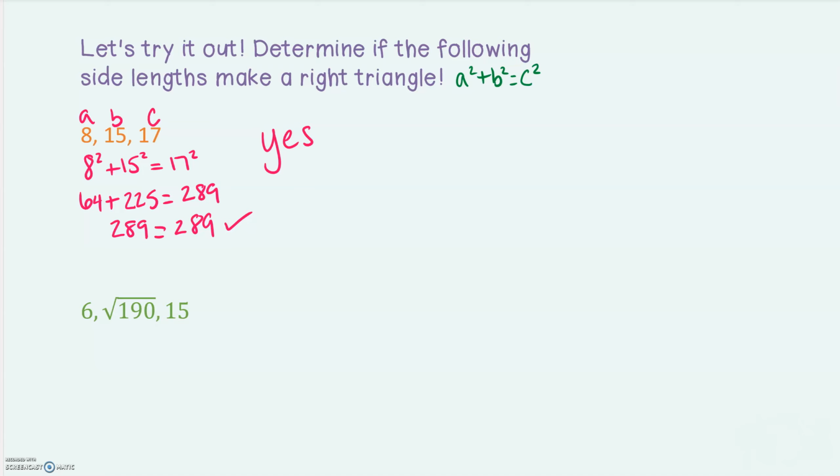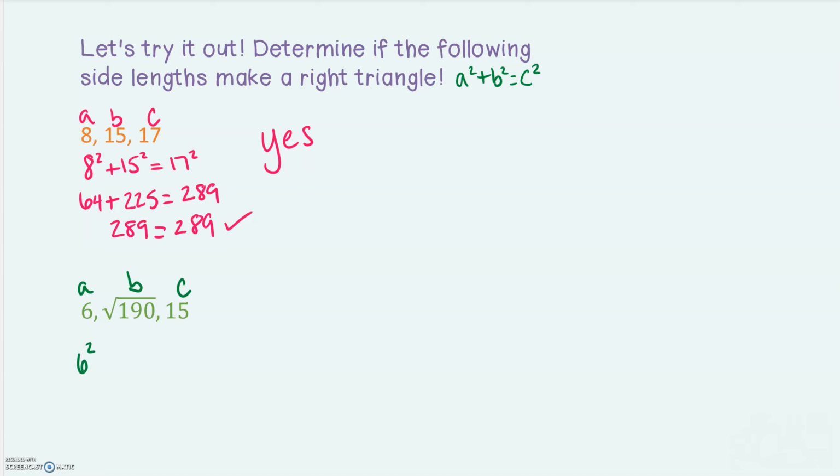And as it turns out, it's a number smaller than 15, because 15 times 15 is 225, which is bigger than 190. So 15 is actually the biggest number that we have in this list. So that's going to be my C value. And so again, my A and B are interchangeable, so I'm just going to put A here and B here because alphabet.